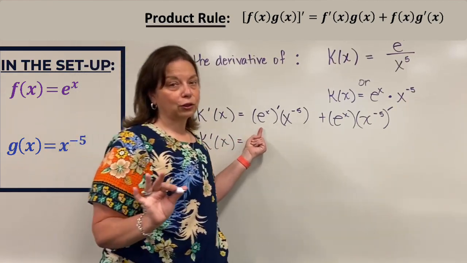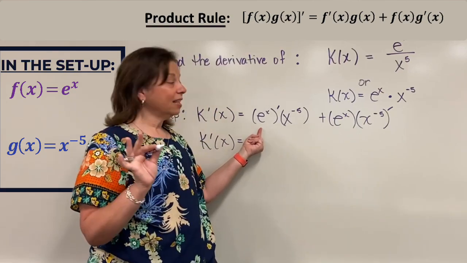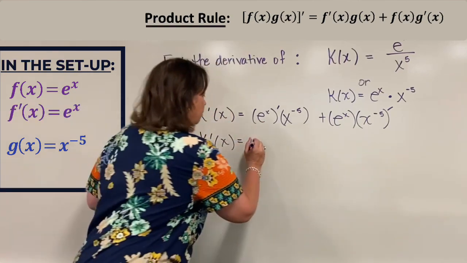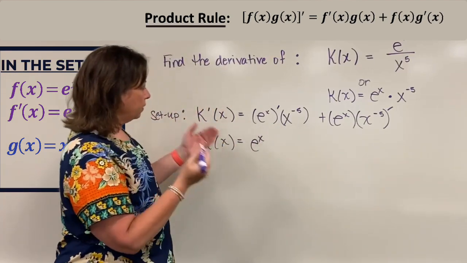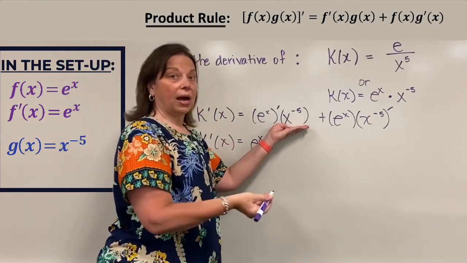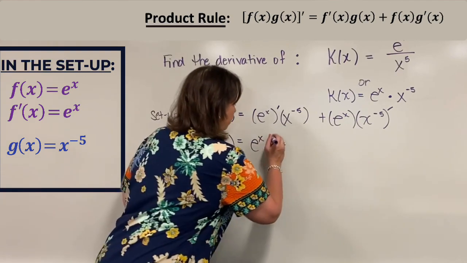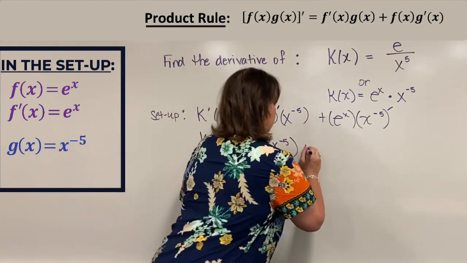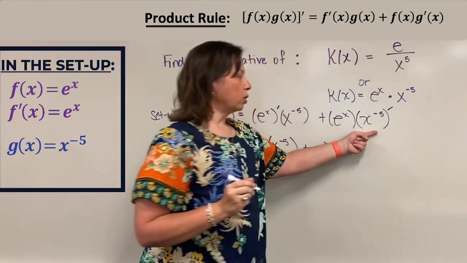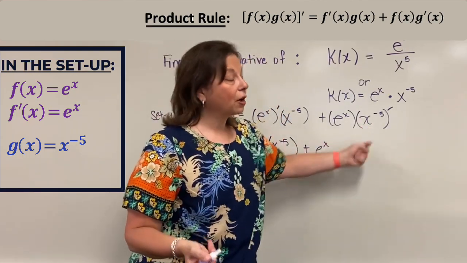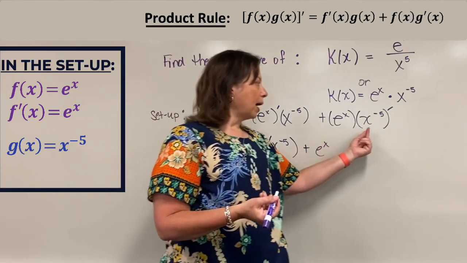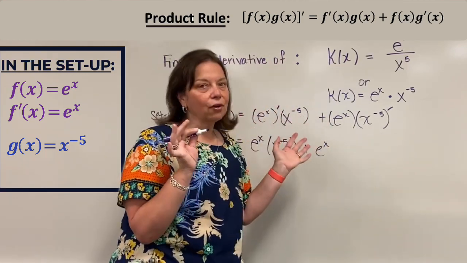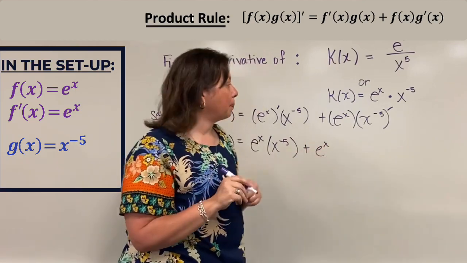So now, carry this one forward, we have k prime of x is equal to, well, this is my most favorite function in all the world. When I take the derivative of e to the x, it turns out it's just e to the x. So e to the x's derivative is e to the x multiplied by this x to the -5. Well, that just gets copied down. Nothing to do there. Plus e to the x again multiplied by the derivative of that second function. Once again, a reminder, this happens to be a power function, and then just be careful with the -5 as the power.